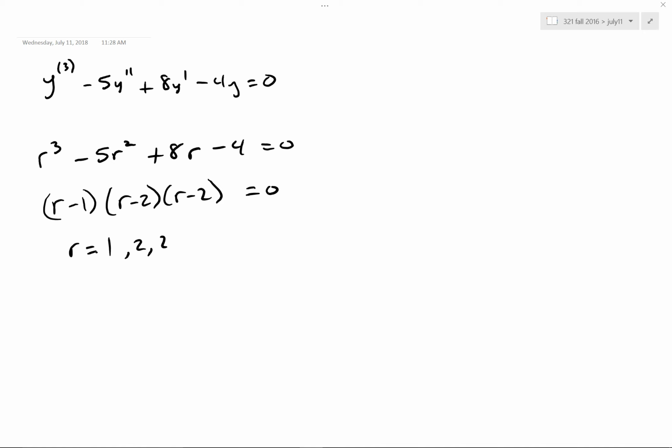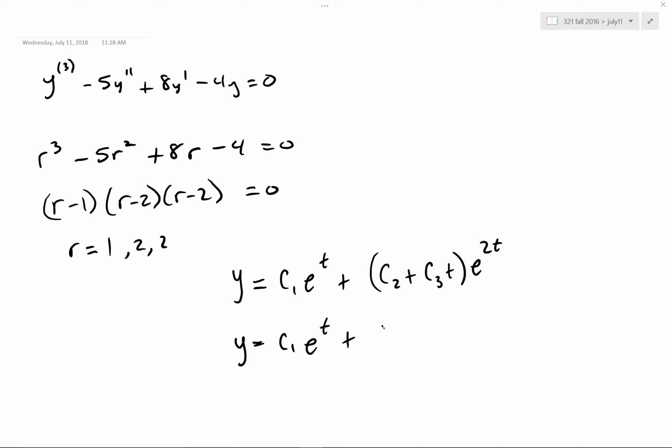So y is going to equal c1 e to the t plus c2. I usually write it like this first. You don't have to. You can jump right to the next step. Here is one solution.